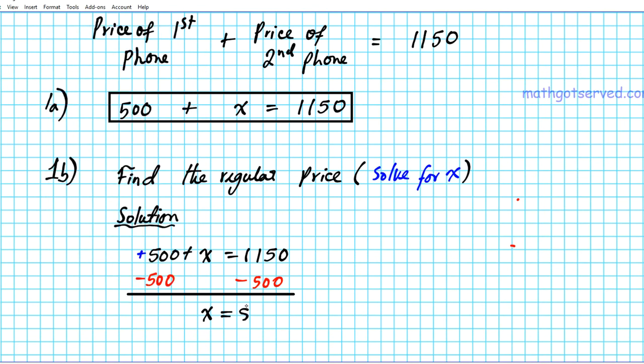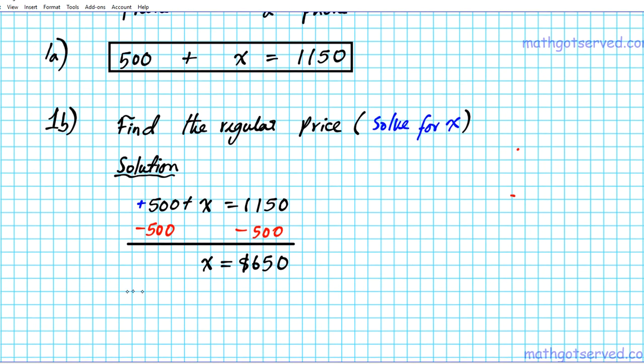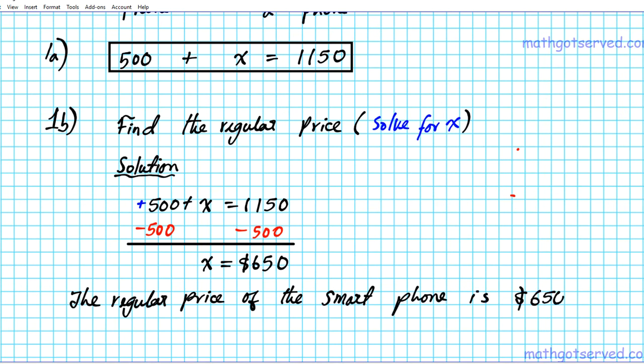Okay, so what's the meaning of this answer that we got? This answer means that the regular price of the smartphone is what? The regular price of the smartphone is 650.